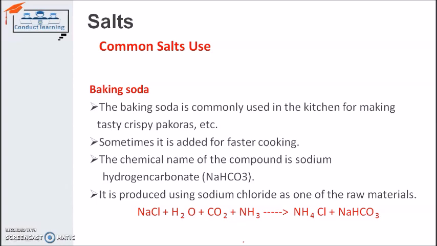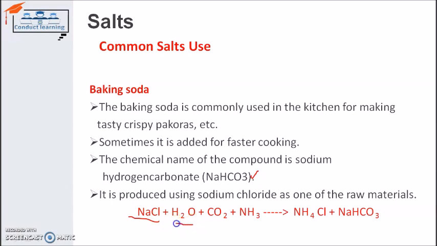to make cooking fast. The chemical name of the compound is sodium hydrogencarbonate, and the chemical formula for this is NaHCO3, which is mentioned there. It is produced from sodium chloride when it reacts with water, carbon dioxide and ammonia. Here you can see NaCl is the common salt, sodium chloride.